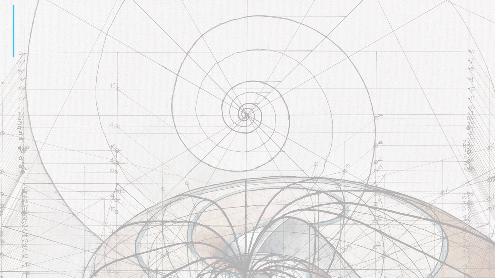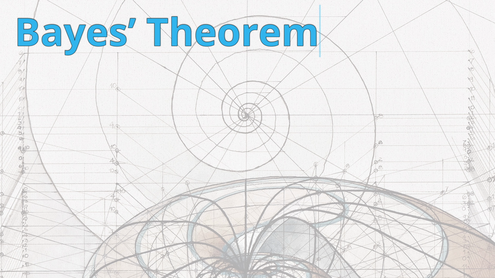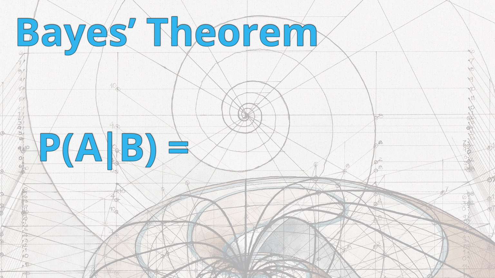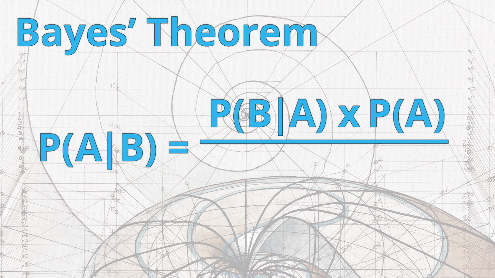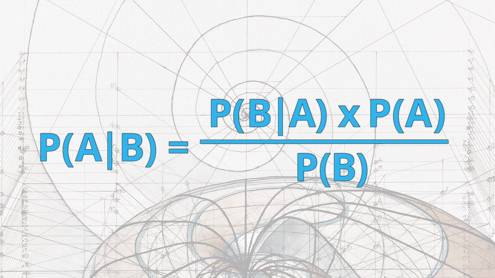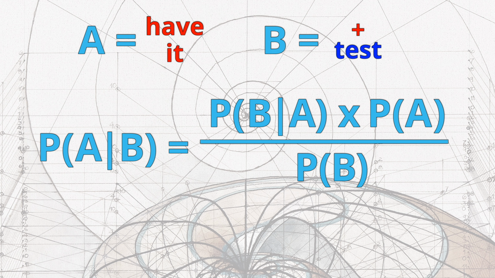Okay, to do this calculation, we're going to use Bayes' theorem, which says that the probability of A given B is equal to the probability of B given A times the probability of A, all divided by the probability of B. In our case, A is you having the condition, and B is you getting a positive result on the test.